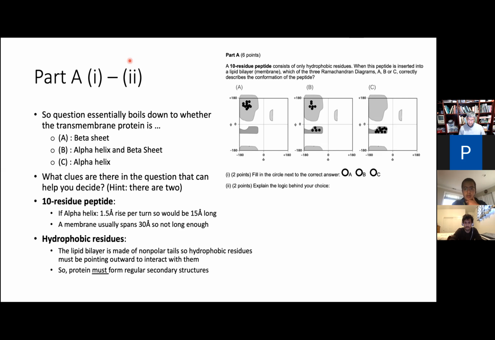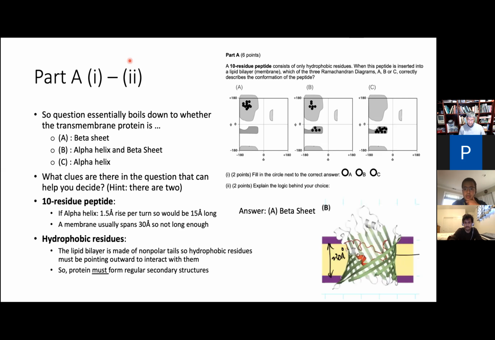And that's why we can conclude the answer has to be a beta sheet, because as you can see in the structure, a beta sheet allows the protein to make sure that the polar groups are towards the inside or above or under the membrane, and the nonpolar groups can interact with the lipid bilayer, as you can see here.